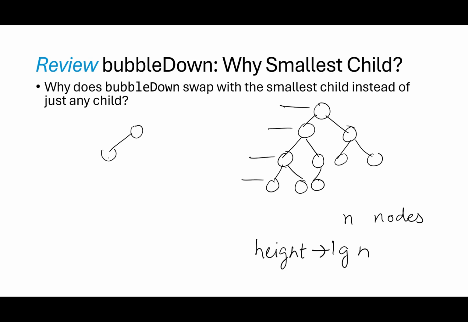Because if it's not complete, this is also a tree, right? This is n nodes, and the height is also n or n-1, whatever, right? But a heap is always a complete tree. That means I can say that a complete tree is more or less a balanced tree.